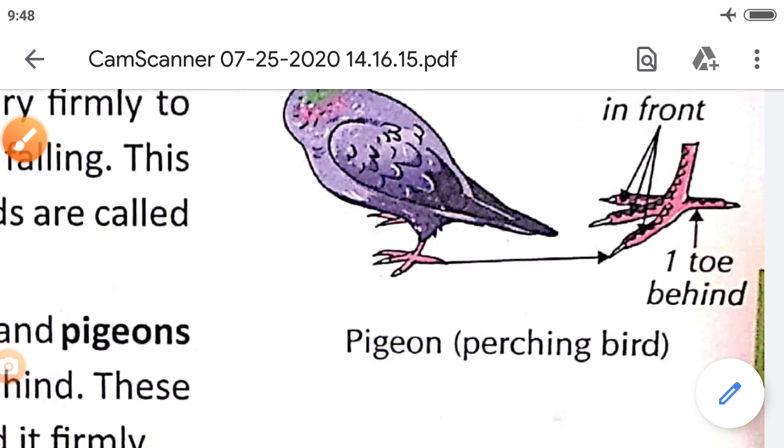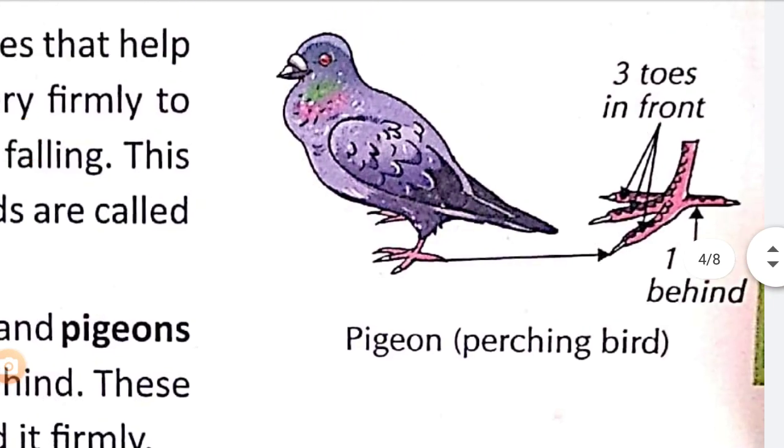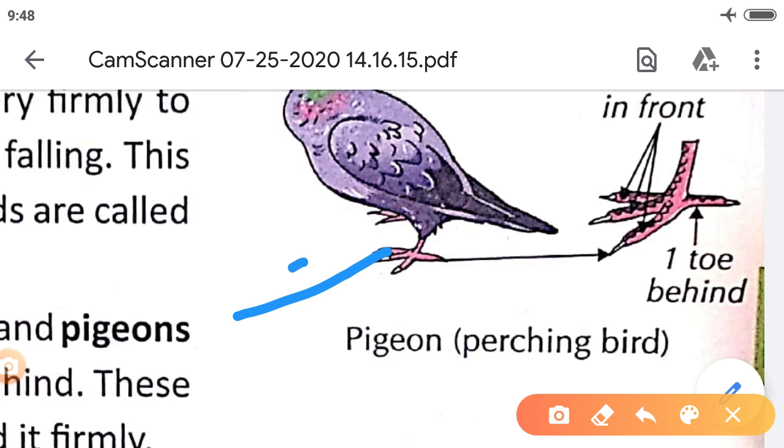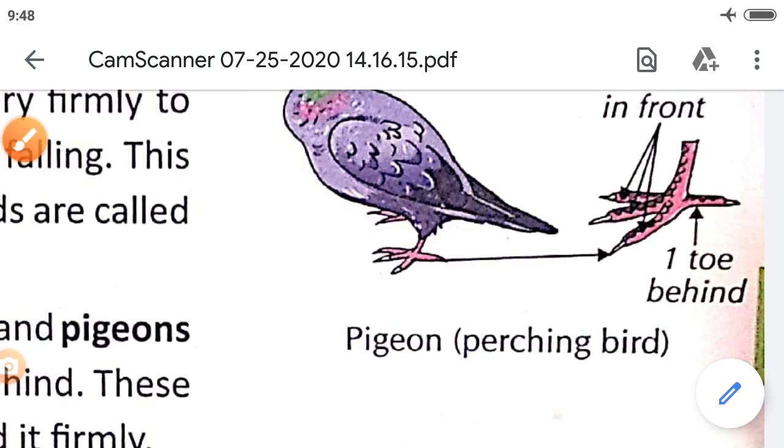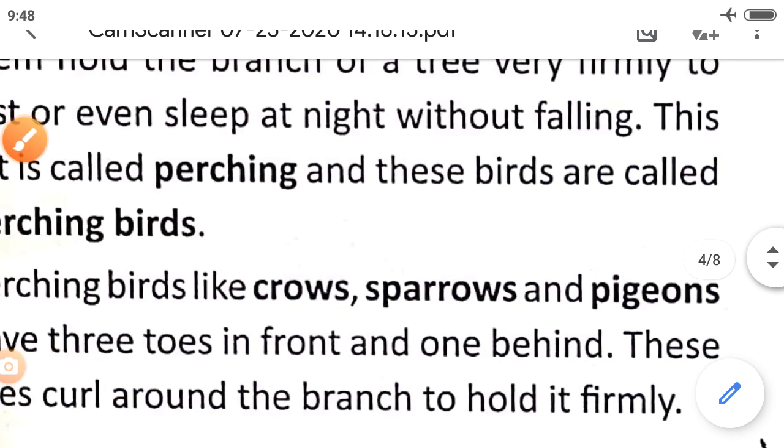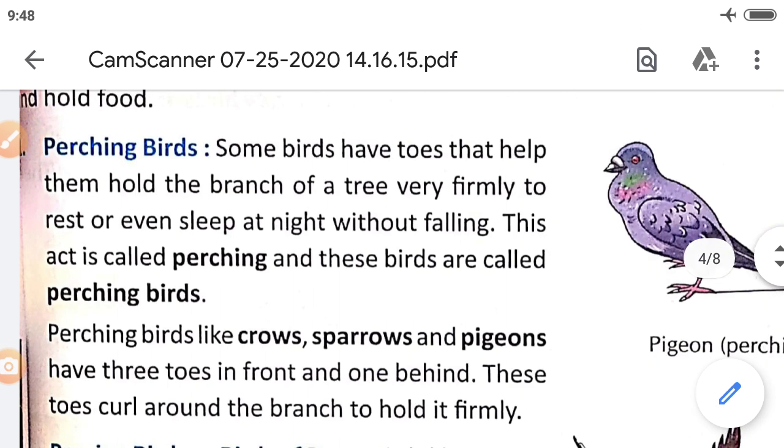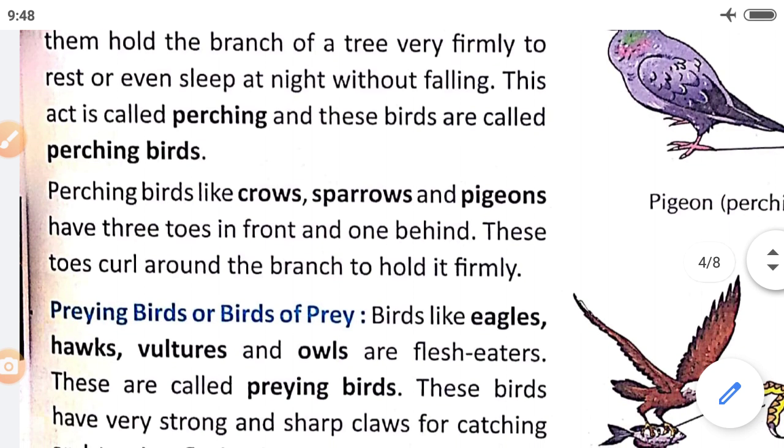I will draw here. If any tree twig is here, they can hold like this, these 3 toes at the front side and one at the back side. With the help of these 4 toes, they can sleep there without falling. They can firmly sit there.